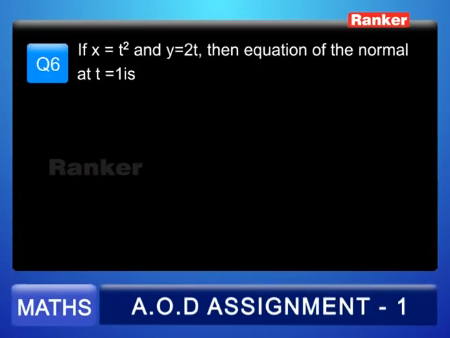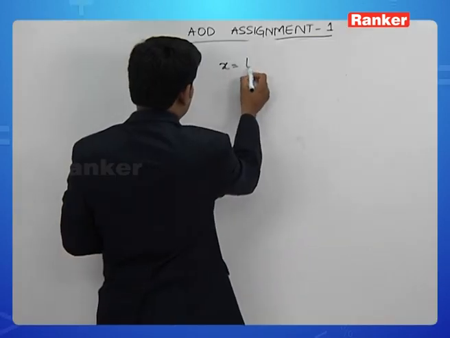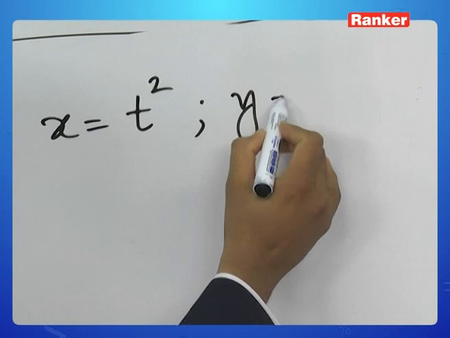Next question, if x equal to t square and y equal to 2t, then the equation of the normal at t equal to 1 is option A, x plus y minus 3 equal to 0, option B, x plus y minus 1 equal to 0, option C, x plus y plus 1 equal to 0, and option D, x plus y plus 3 equal to 0.